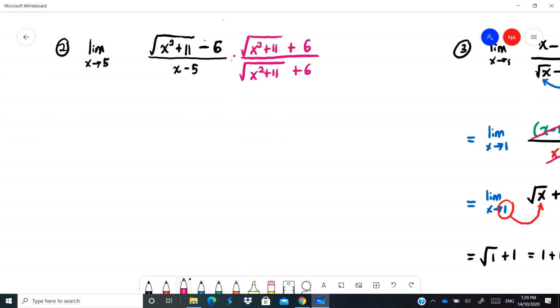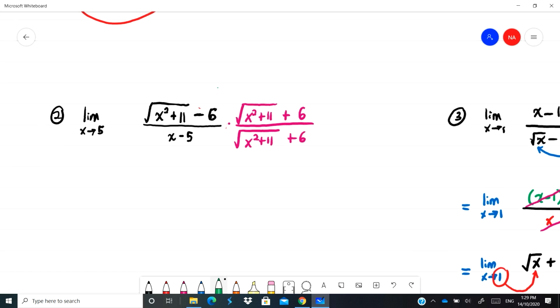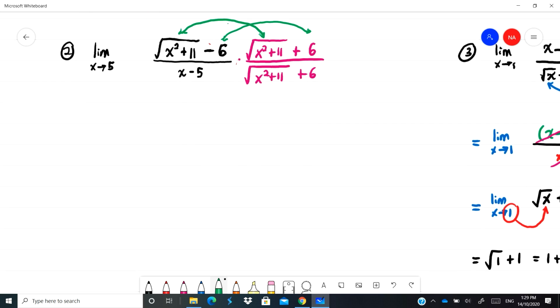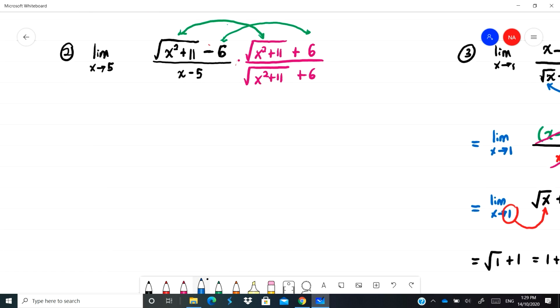All right, so next you're going to expand the numerator, not the denominator. So in this case, you'll have to multiply this one with this one, and then you'll have to multiply this with this. Okay, so I'm writing this limit as x approaching 5 because we have not substituted the value of x with 5 yet.